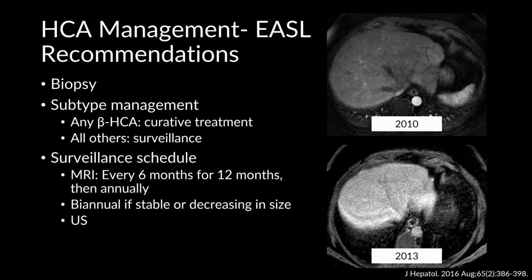It can be changed to biannually if the lesions remain stable. The patient can be converted to ultrasound surveillance if the lesions can be seen by ultrasound as well. Here's an example where, in 2010, this adenoma was pretty sizable, but by 2013 it had shrunk considerably. I don't think we have lost her to follow up, but hopefully she's being followed elsewhere.